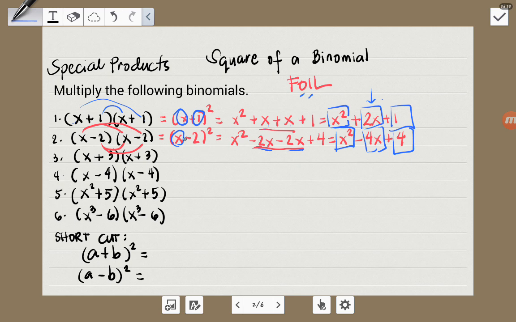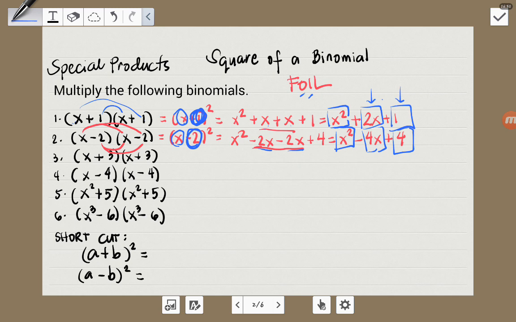Product ni x at negative 2, negative 2x, times 2 mo na lang, that's negative 4x. And then yung last term natin ay square lang ni 1. Dito, square ni negative 2, which is positive 4.